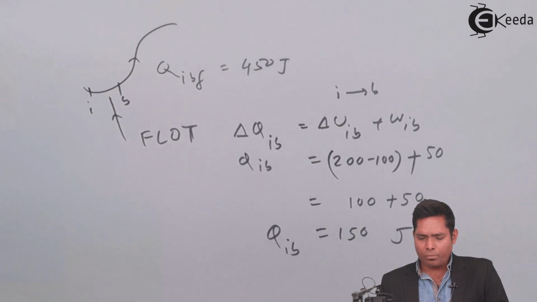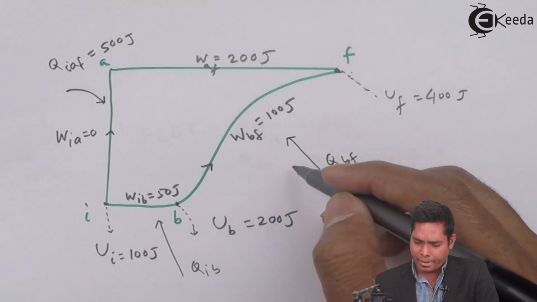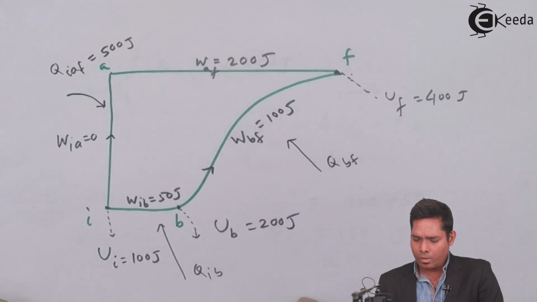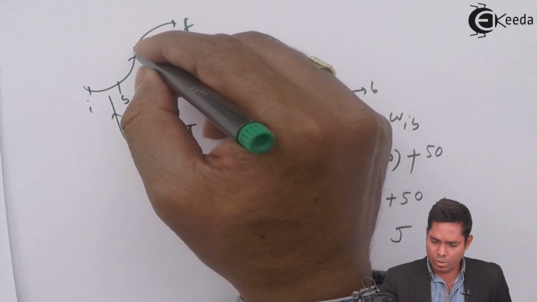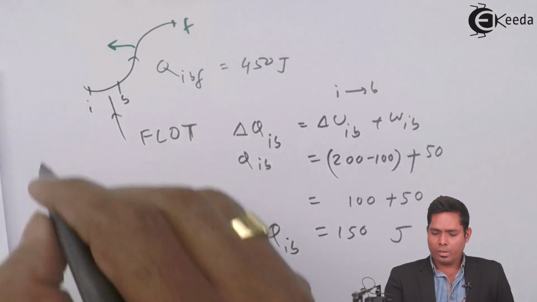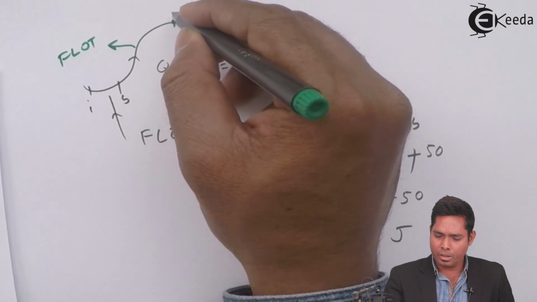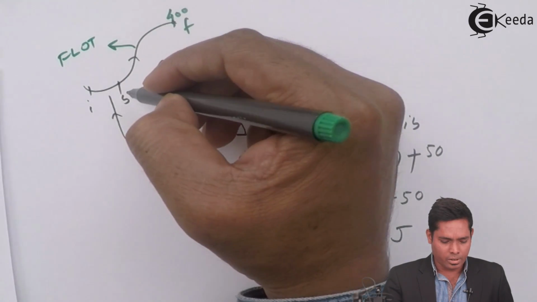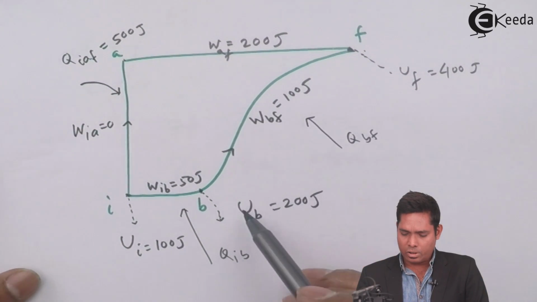Now for the next part of the path, from B to F, I have to apply the first law of thermodynamics again. This point has internal energy 200 and this has internal energy 400, so the internal energy difference is 200.